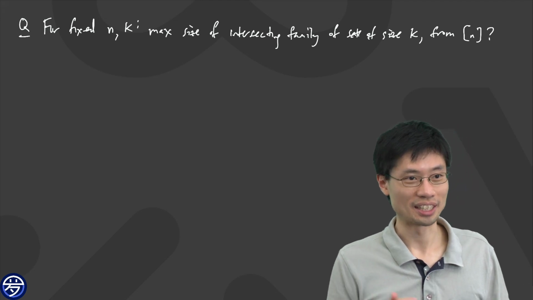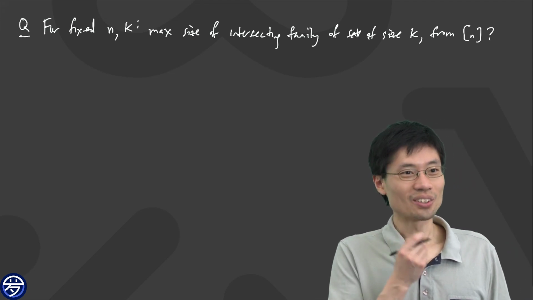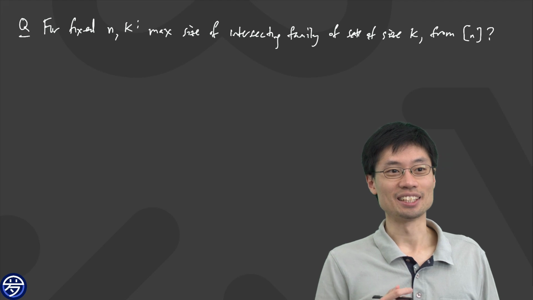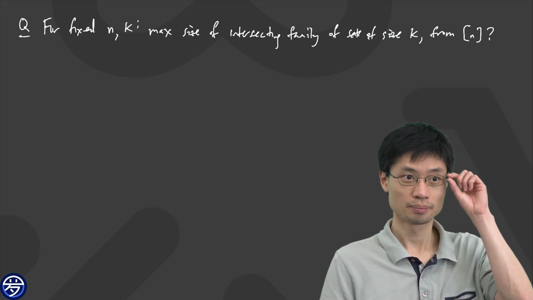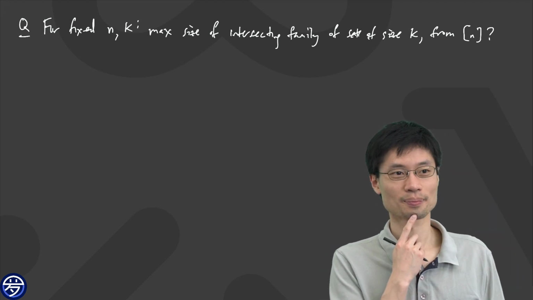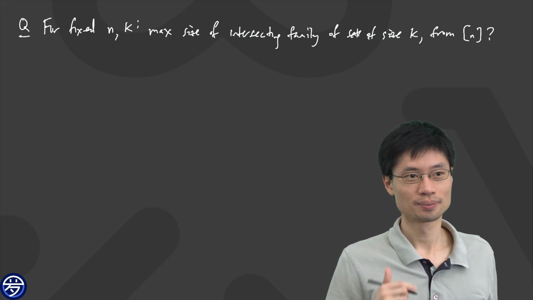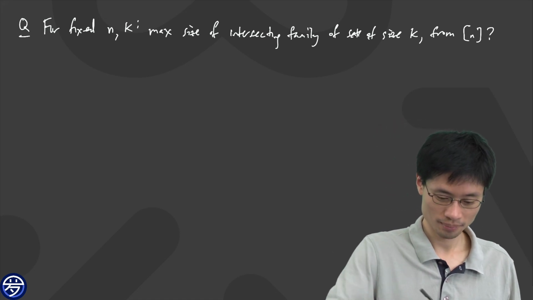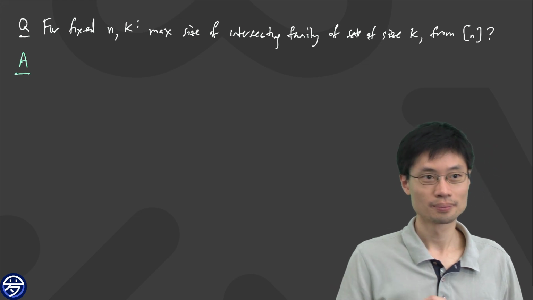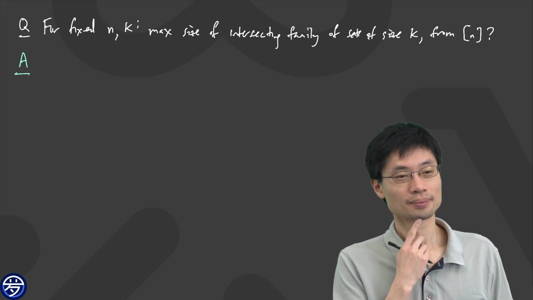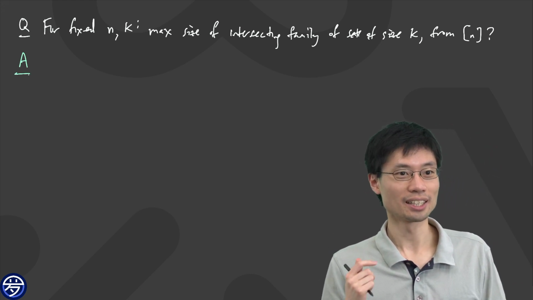So that's what we're interested in asking this time. Okay, does anyone have any ideas here? We don't have to have the best answer yet. I'm just looking for an answer.